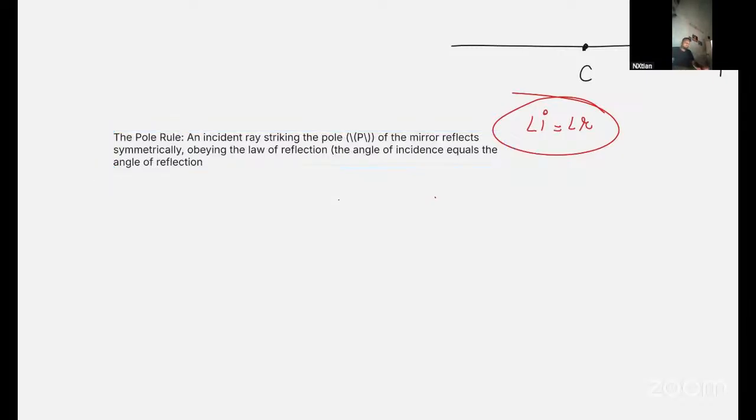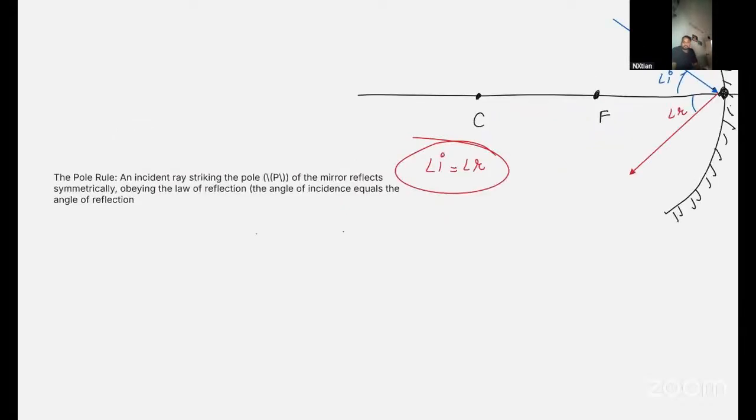The incident ray striking the pole of the mirror reflects symmetrically, obeying the laws of reflection, in which angle i is equal to angle r. Did you understand, guys? These are the four laws that we have to understand.